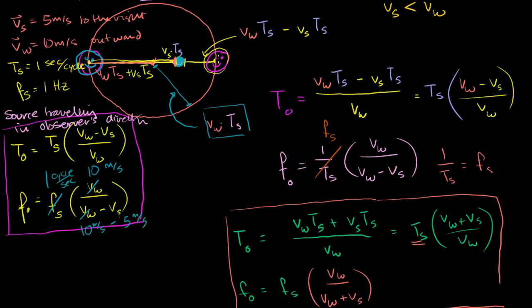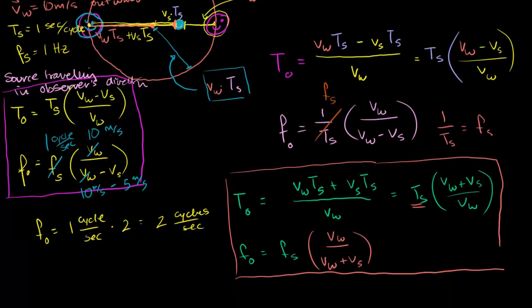The observed frequency for that guy right there is going to be 1 cycle per second times 10 over 10 minus 5. And the meters per second cancel out, meters per second in the numerator, meters per second in the denominator. So 10 divided by 10 minus 5, or 10 divided by 5, is going to be 2. So it's going to be 2 cycles per second. And if you want the observed period for this guy, it's going to be the inverse of that, or 1/2 seconds per cycle. And this is exactly what we got in the previous video. Or actually, it was 2 videos ago.